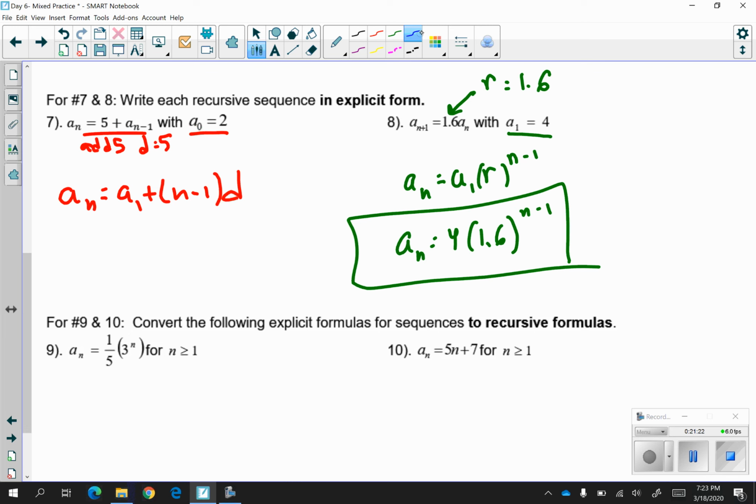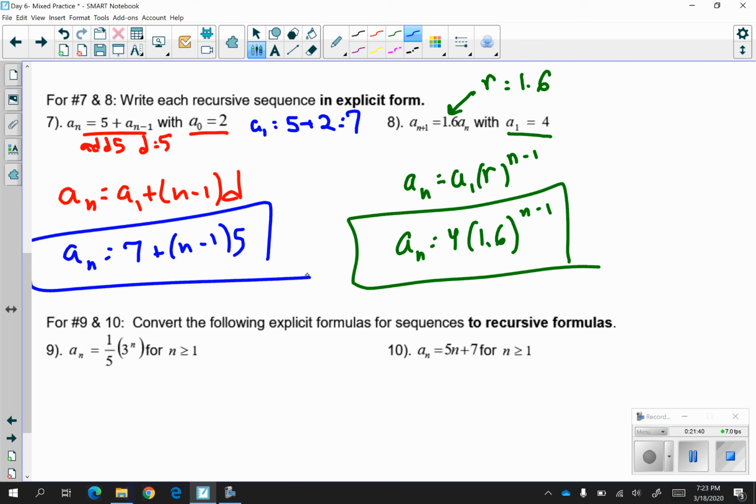So you have to actually follow the pattern, right? A sub 1 is equal to 5 plus the previous of 2, which means a sub 1 is 7. So just keep in mind when you do this, it's 7 plus n minus 1 times 5. Make sure you read carefully and you see what they're actually giving you, because with sequences, the notation is super important.